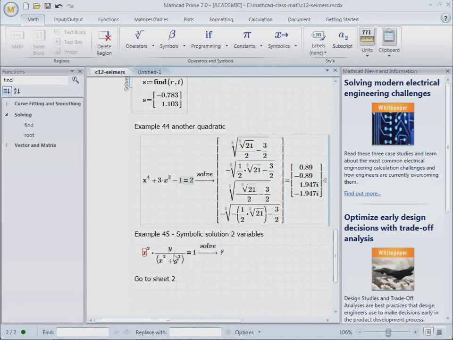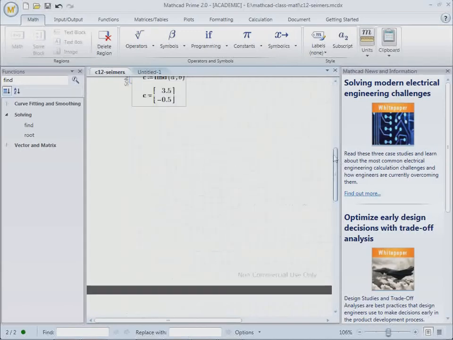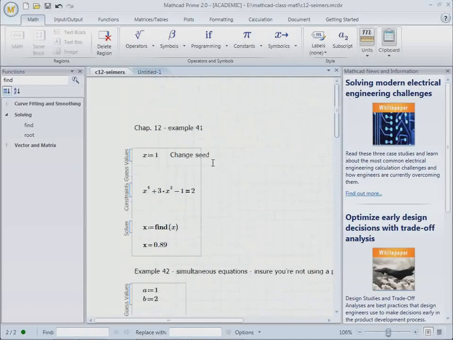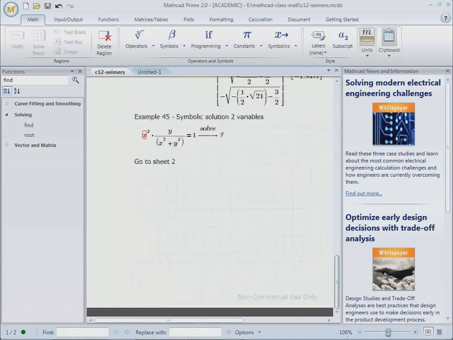Now, the next thing I did here was what I just did in the untitled sheet. I tried using x as a symbolic variable on the same worksheet. I couldn't do that because it's already assigned way up here. So I can't do this. I made a note to myself, go to sheet 2.